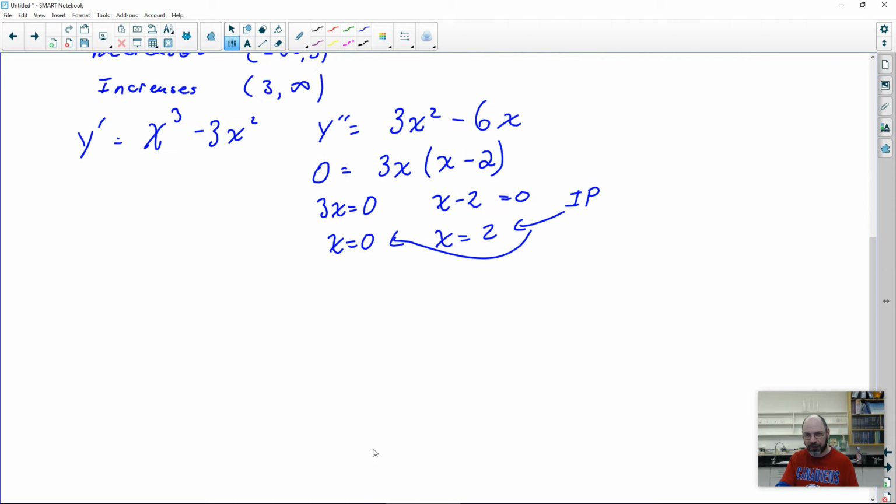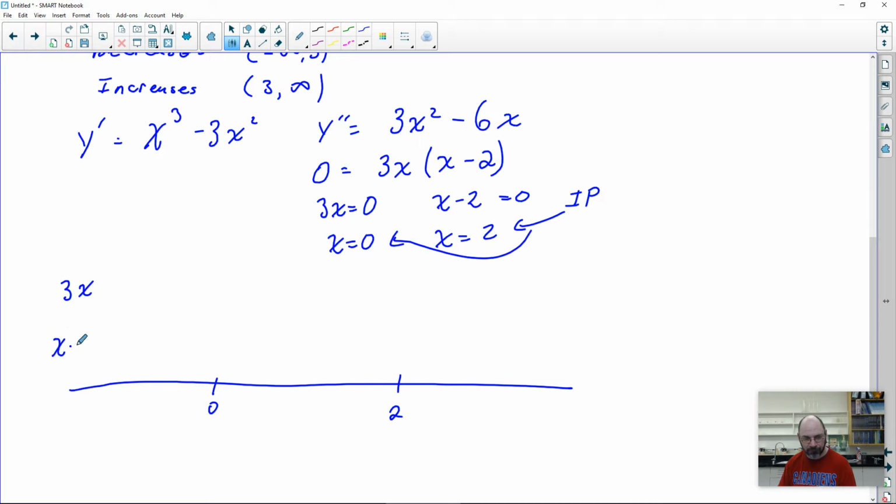So if we want to get what our IPs are now, whether it's concave up or down, we can do analysis of the second derivative. So we've got a 0 again and a 2 this time instead of a 3. Okay, and we have 3x, pardon me, not x squared, and x minus 2.